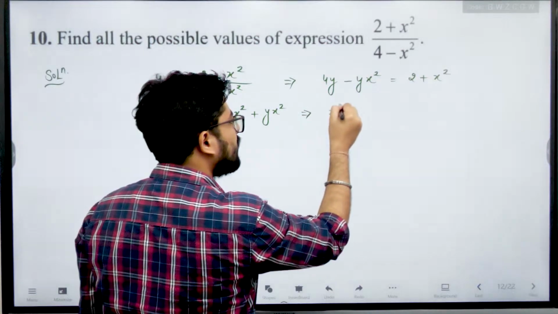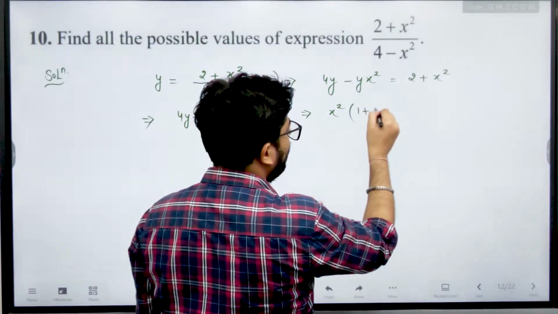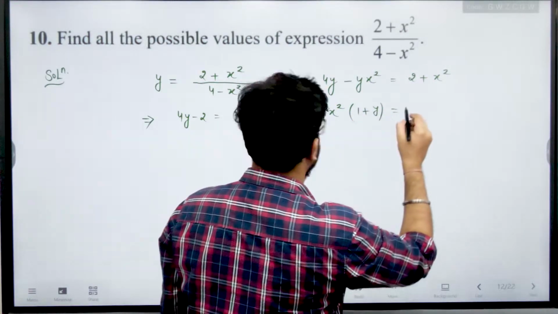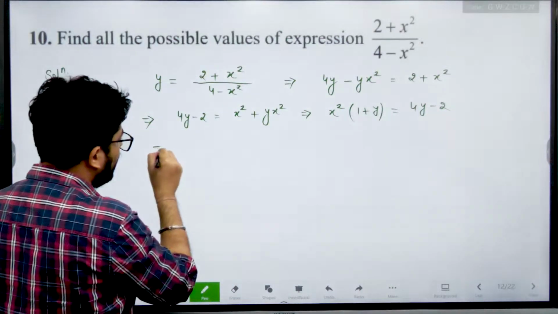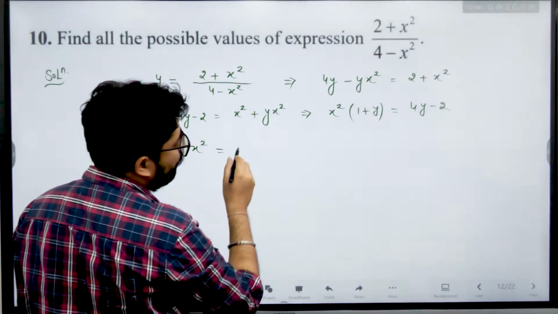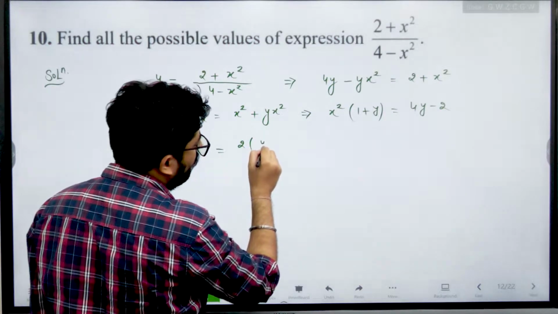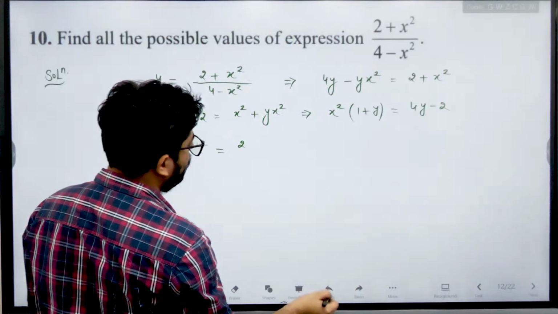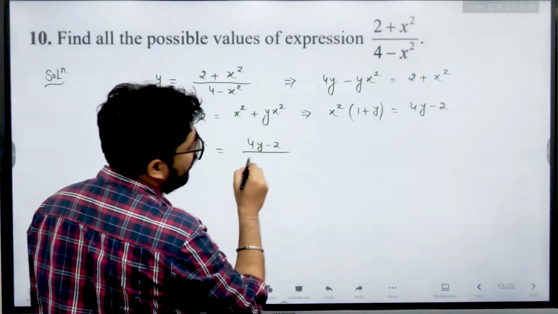So x square into (1 plus y) is equal to 4y minus 2. So x square is equal to (4y minus 2) divided by (y plus 1).